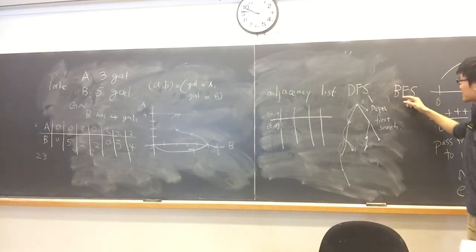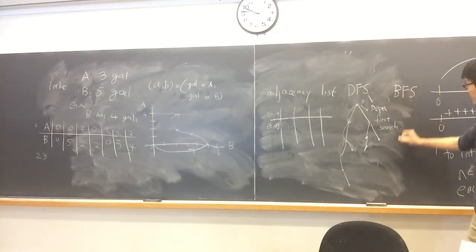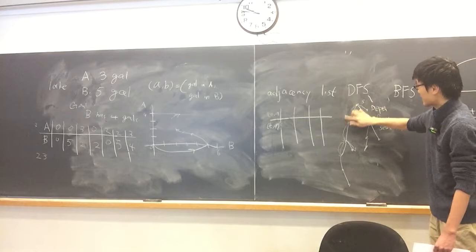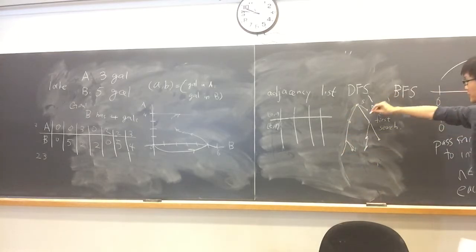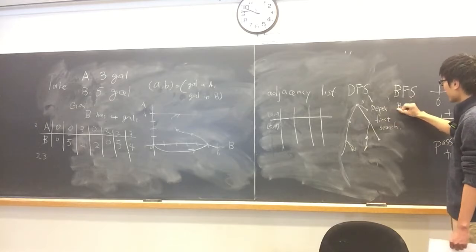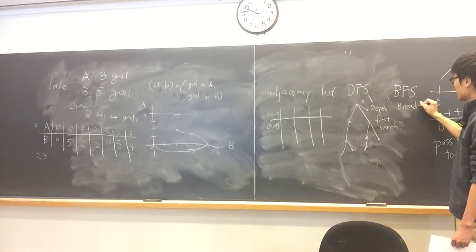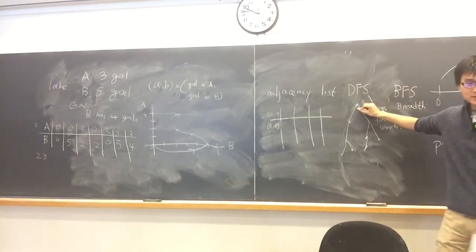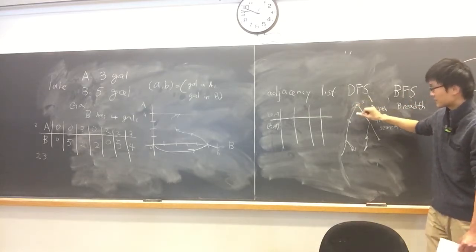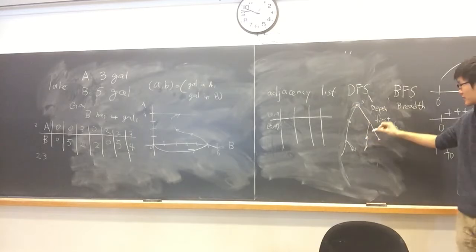So that's DFS. And for BFS, suppose we have this again. Instead of going depth, we'll go breadth. So we're gonna start from the starting point. Then we keep tracking in memory all the frontiers.